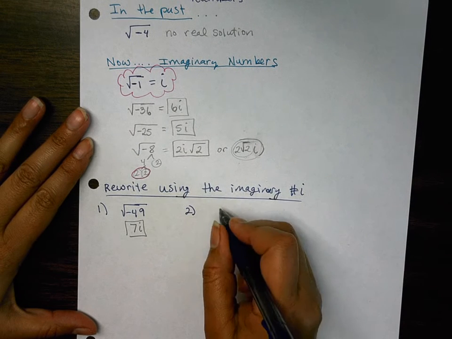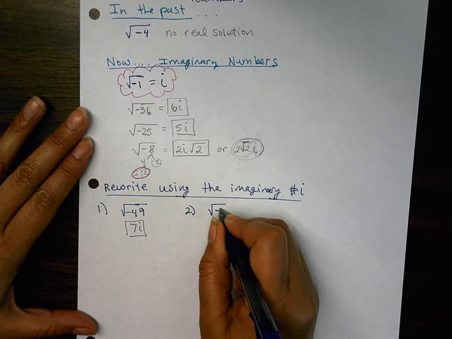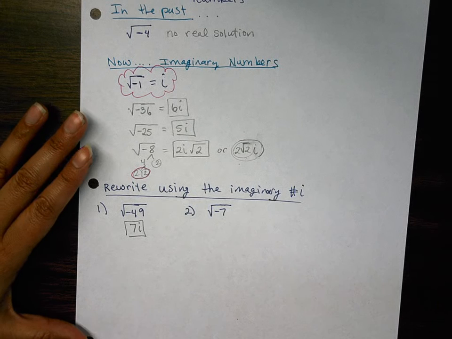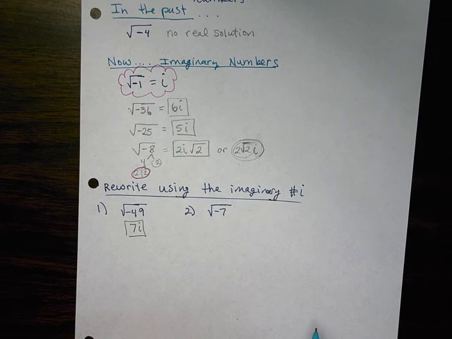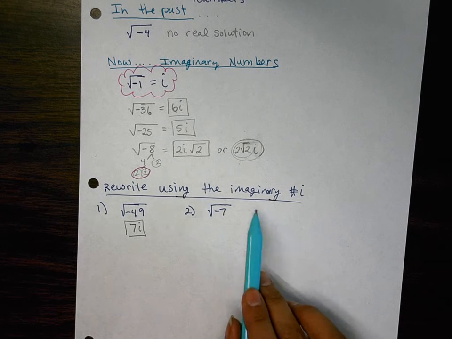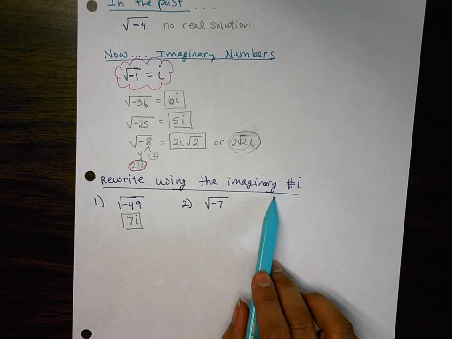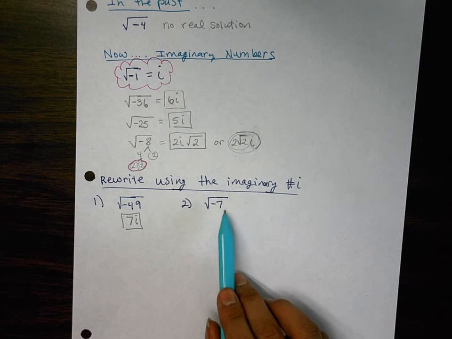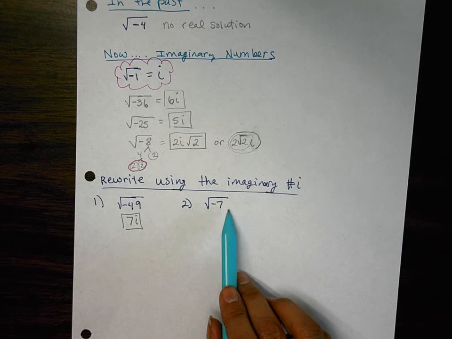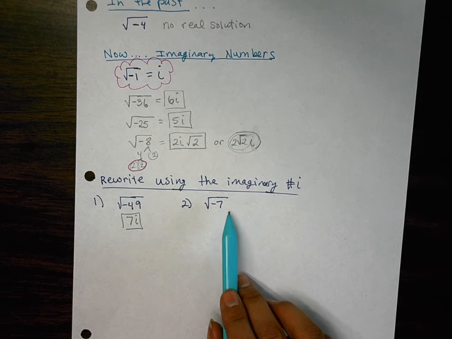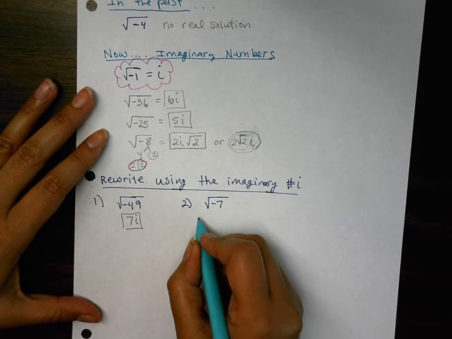Number 2, square root of, bless you, negative 7. Is 7 a perfect square? Okay, you're looking for x-intercepts. It's no real solution, but I told you to rewrite using what? Imaginaries. Okay, so let's take a step back. Is 7 a perfect square? Does it break down into any pairs that will come out?